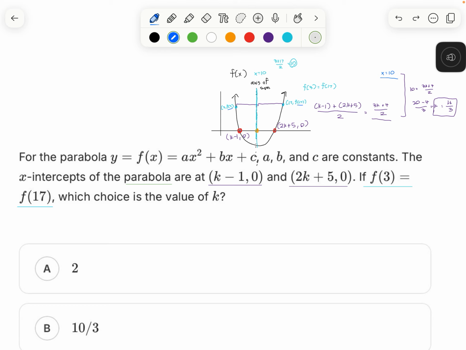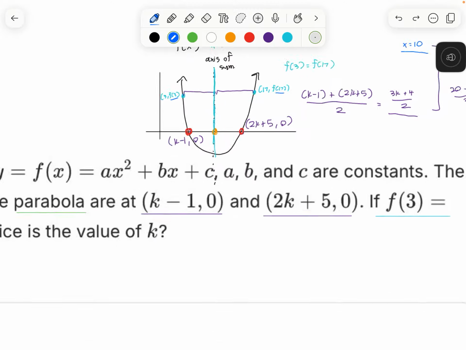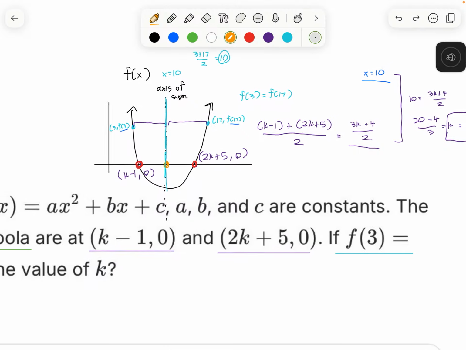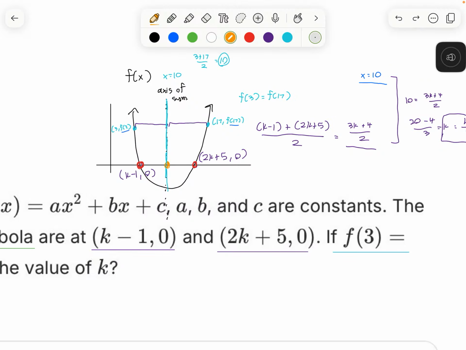If two points of a parabola have the same y value, that means if you find the midpoint, you get the axis. And then you can leverage the knowledge that you've gained from the symmetry to get the location of the axis of symmetry, which you can then use to find the value of k.